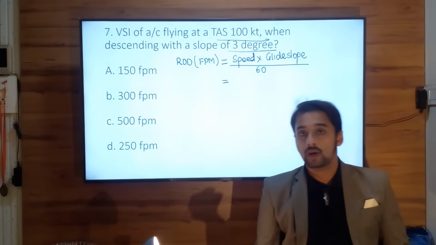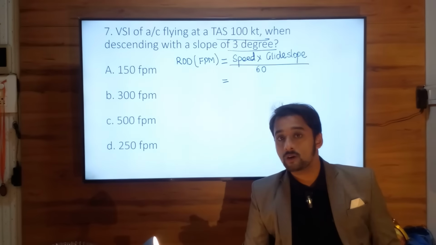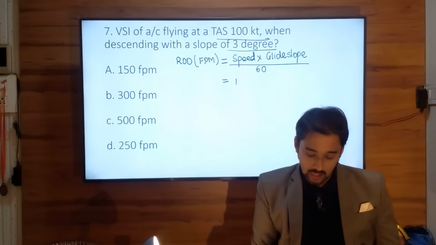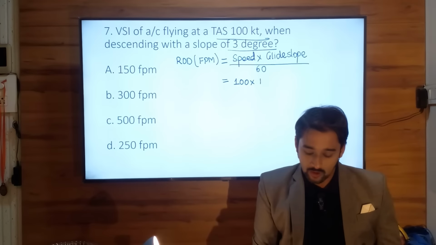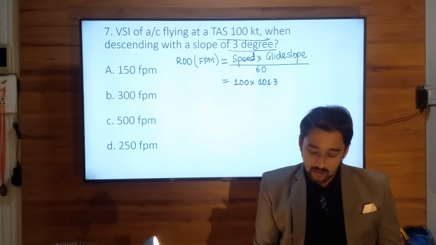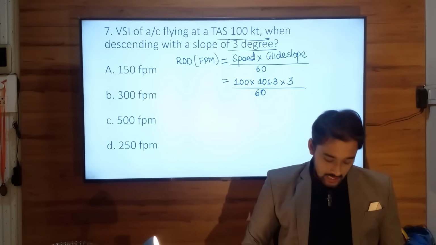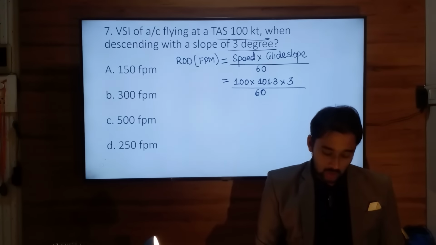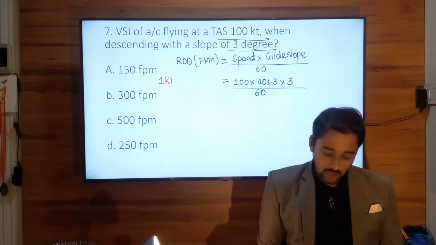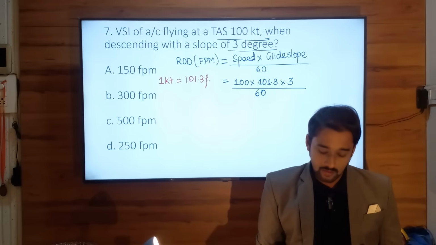Now speed is 100 knots. Convert that knots into corresponding feet per minute. So 100 into 101.3 into 3 divided by 60. 1 knot is equal to, for those who don't know, 101.3 feet per minute.